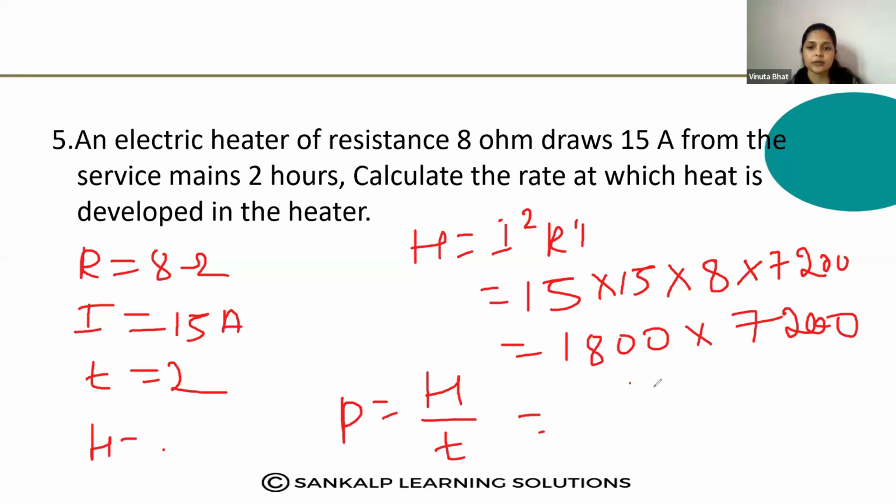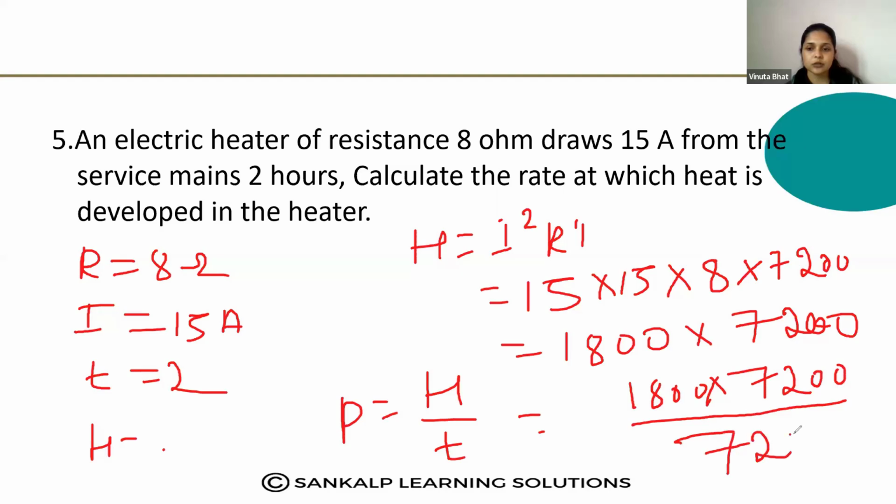H is equal to 1800 into 7200, divided by time, that is 7200 seconds. So I will cancel this. So the rate at which heat is produced is 1800 watt. Okay.